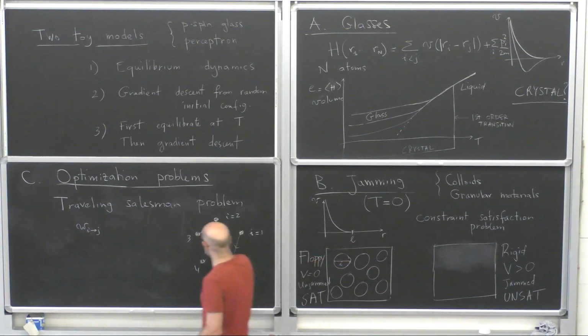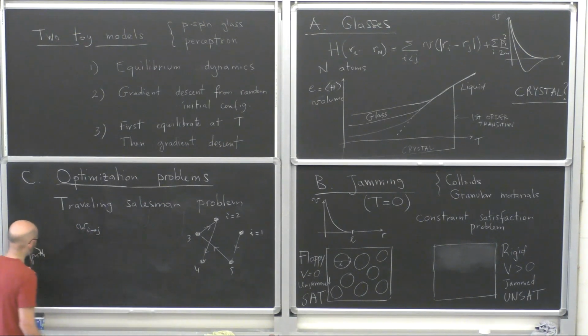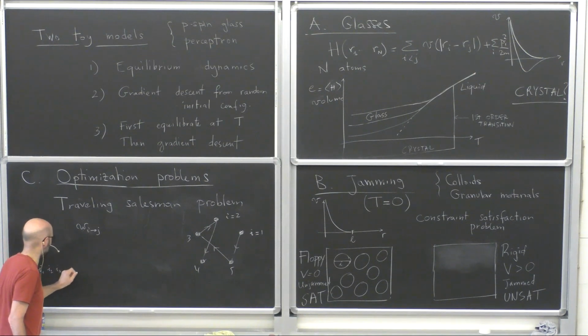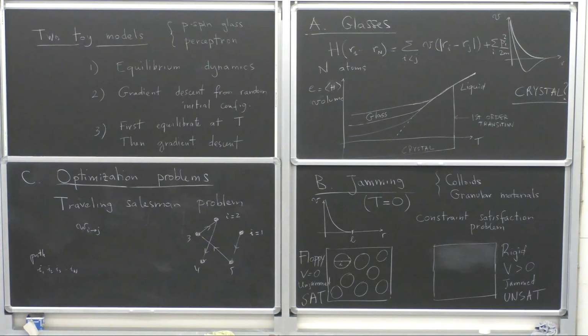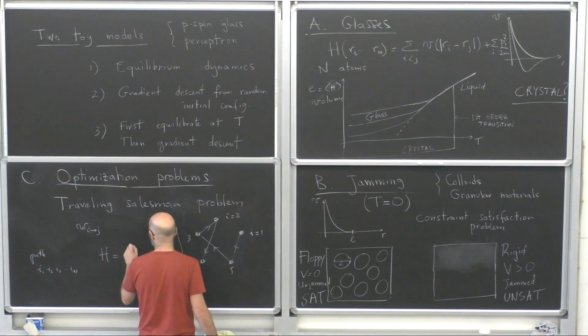Now for a given path, a path is a sequence of indices, right? i1, i2, i3, up to in, if you have n cities. So it's a permutation of the cities. And so each path has a cost. We will call the cost h.